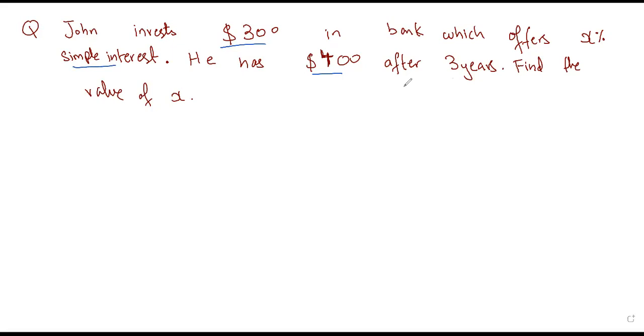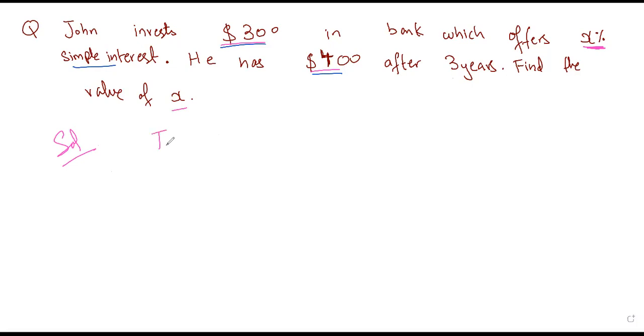My very first question is, which type of question is it? Is it the first type, second type, or third type? It is the third type because we have initial amount and final amount, and we need to find X. And what is X? X is the percentage of simple interest, right? So this is the question. Okay, now how do we do that? First, we need to calculate the interest amount.